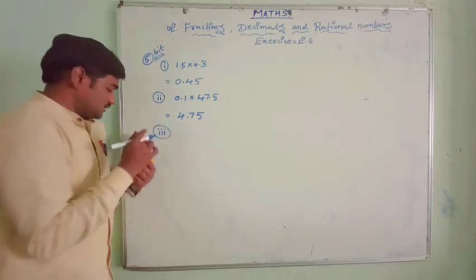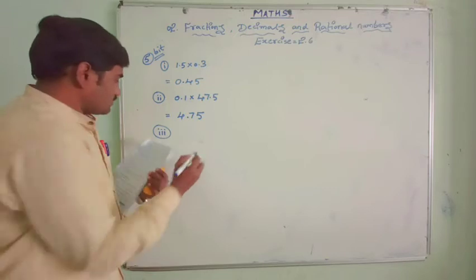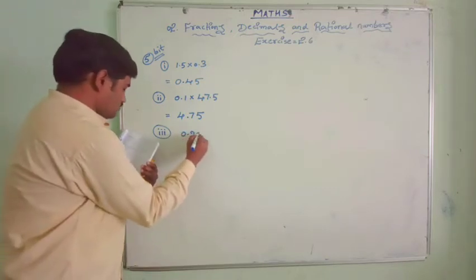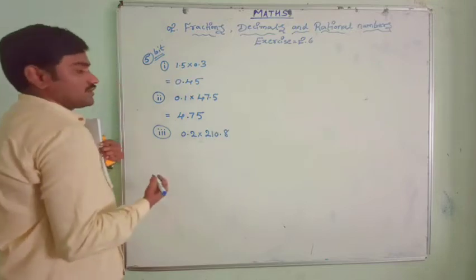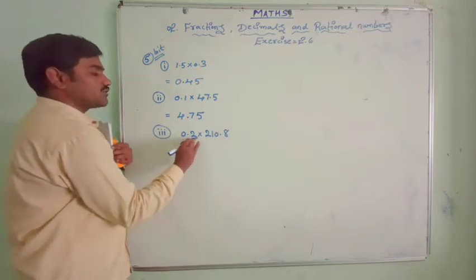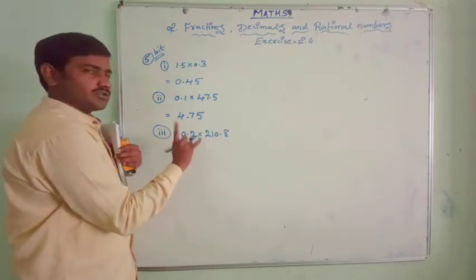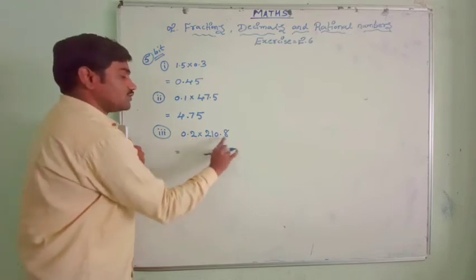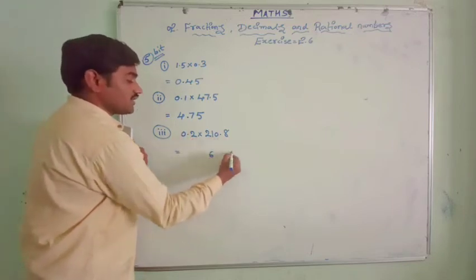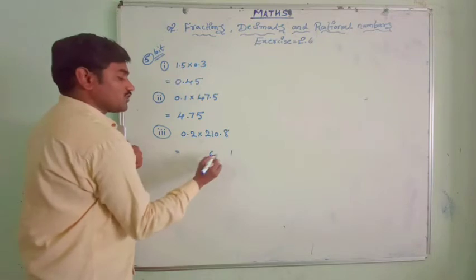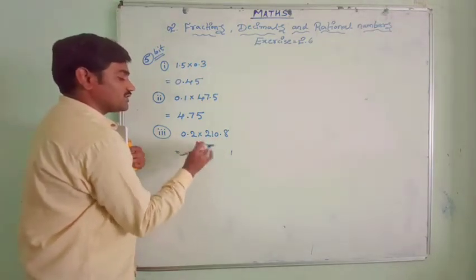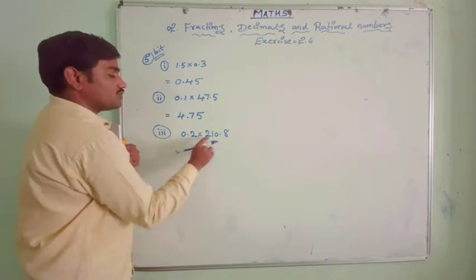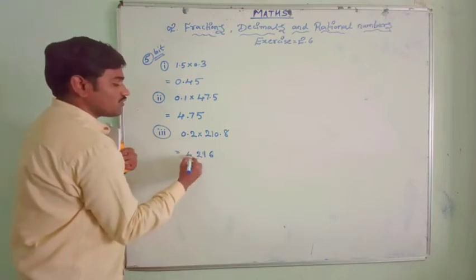Then the third one, 0.2 into 210.8. 0.2 is nothing but only 2. With 2 we will multiply first. 2 8s are 16, 1 carry. 2 0s are 0 plus 1, 1. Then 2 1s are 2, 2 2s are 4.